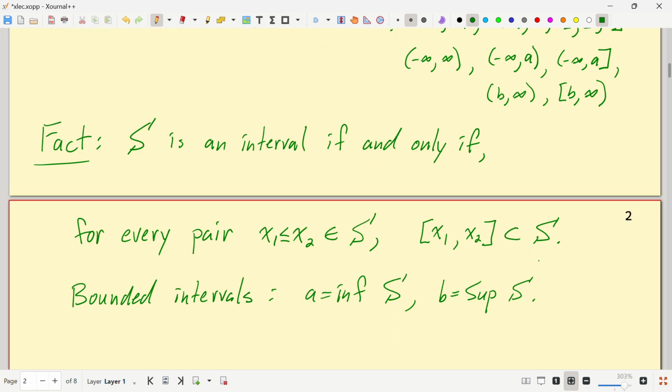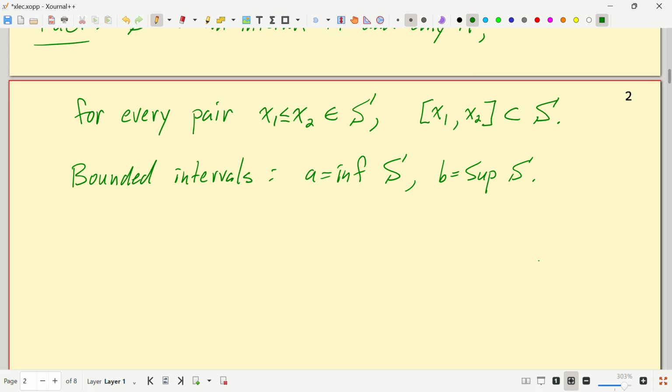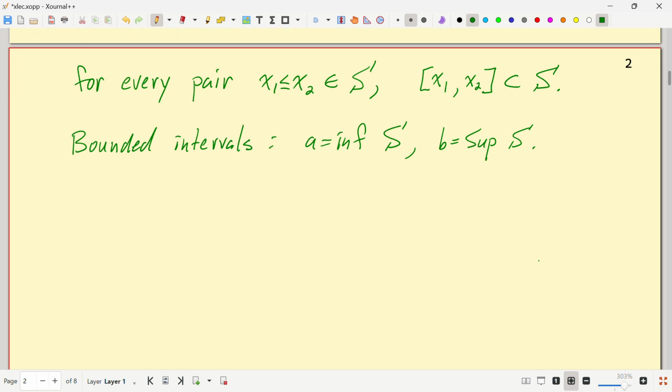Well, the fancier version of the theorem I started out with is called the preservation of intervals theorem.